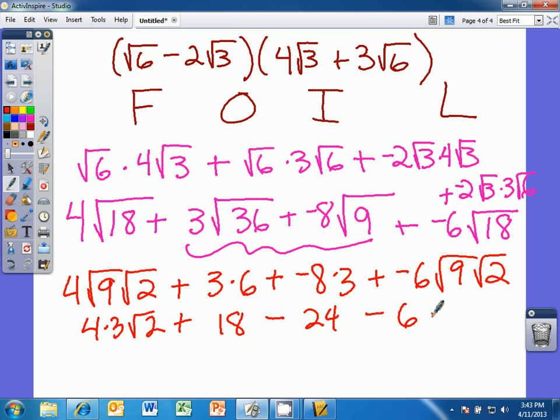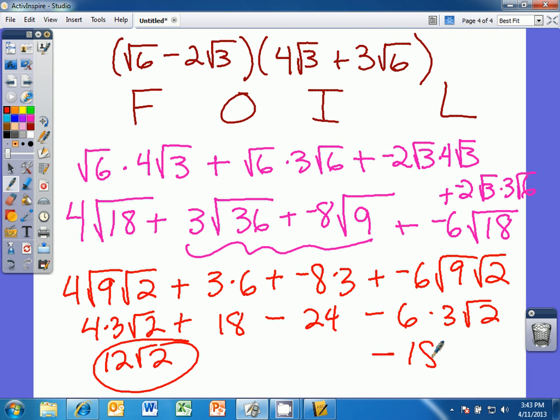times 3 radical 2. Let's combine our like terms. Here we have a 12 radical 2 that's going to be like our last term over here, which is 18 radical 2.